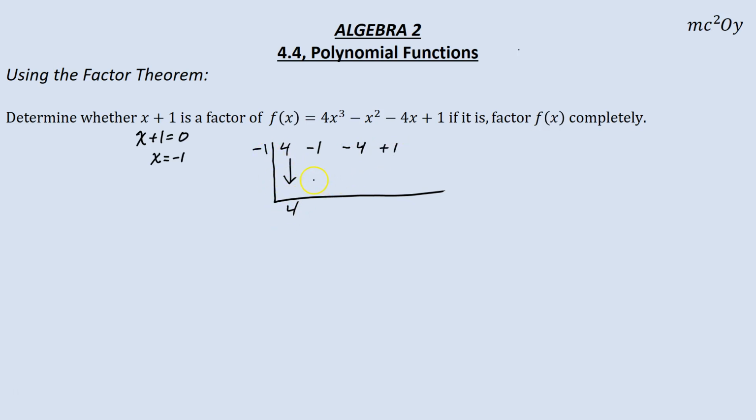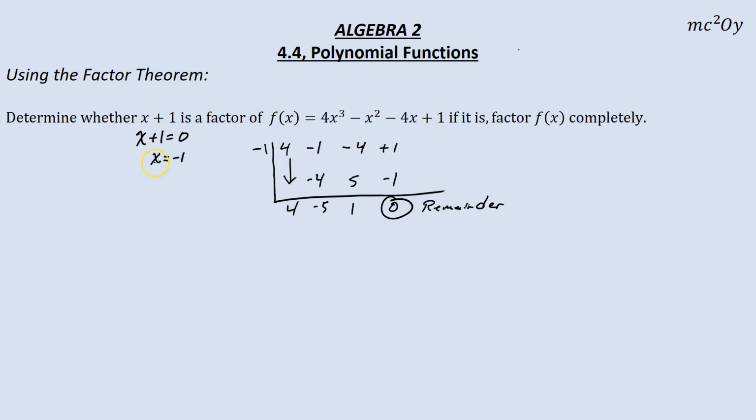Negative 1 times 4 is negative 4. Negative 1 plus negative 4 is negative 5. Negative 1 times negative 5 is 5. Negative 4 plus 5 is 1, and negative 1 times 1 is negative 1, and 1 plus negative 1 is 0. Hey, all right, a remainder of 0. That means it is a factor.